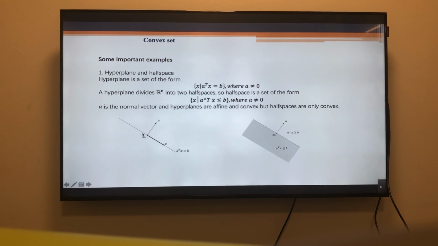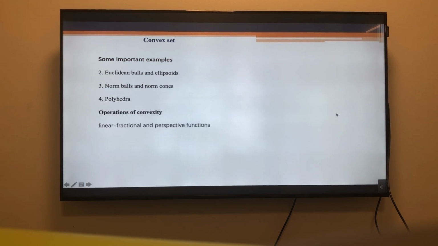This graph is the hyperplane, and this graph is the half space. We can see that it is divided. And the hyperplanes are affine and convex, but the half spaces are only convex.